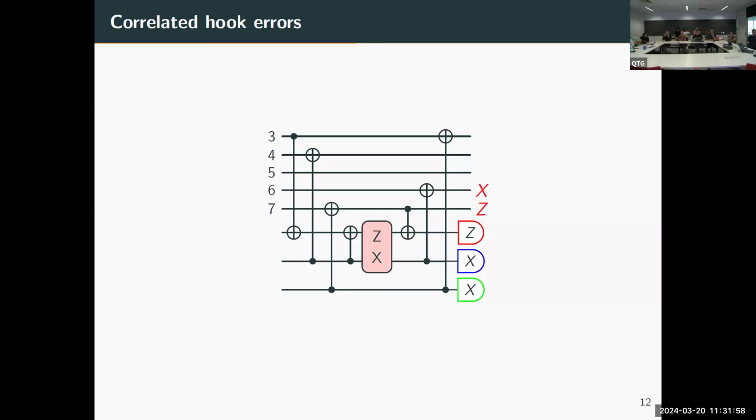This is part of a circuit as well; there are more CNOTs back here, but this measures three stabilizers simultaneously, one Z and two X's. It's a special scheme where there are no extra flag qubits, but it flags because of this extra CNOT introduced between the ancillas. Basically, the X ancilla flags the Z ancilla and vice versa.